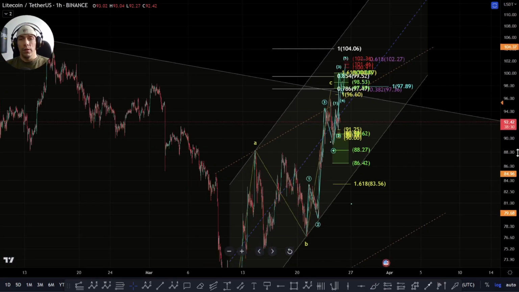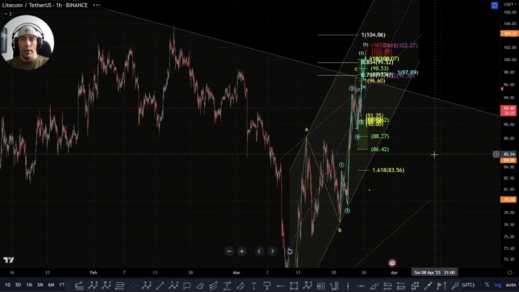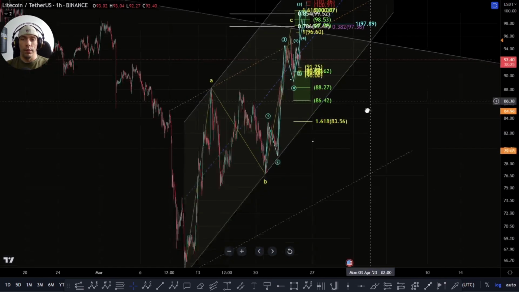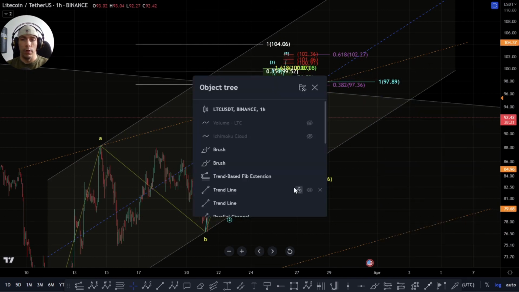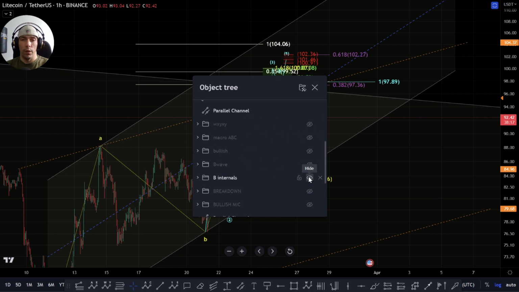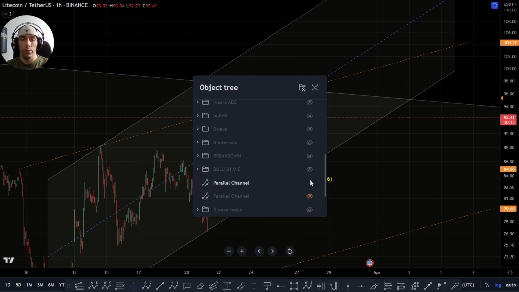So this is looking at the move basically as a corrective structure, but the 5 wave structure towards the end of this is the same regardless of whether we're looking at this as an ABC or a potential 5 wave move to the upside.